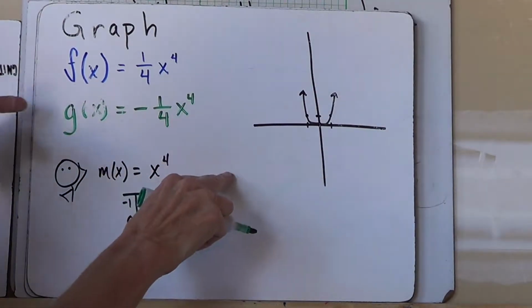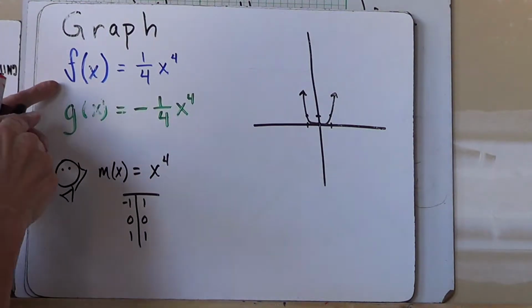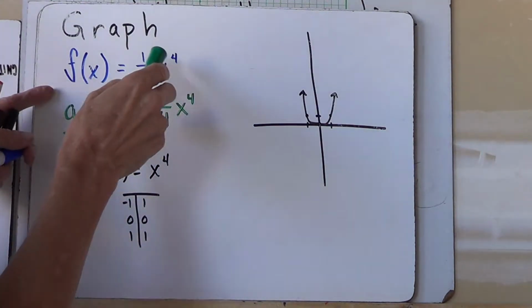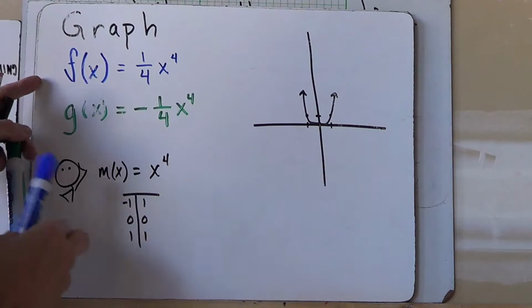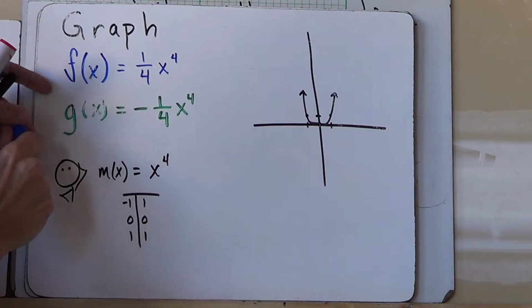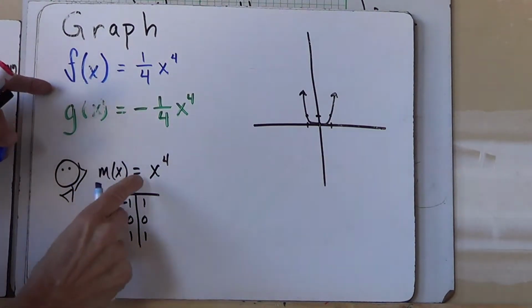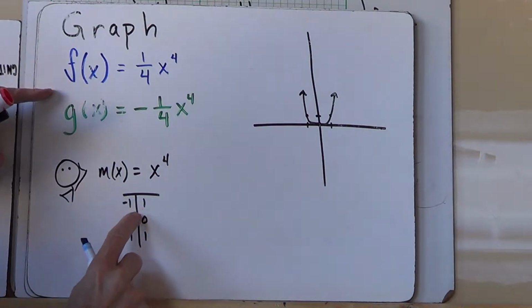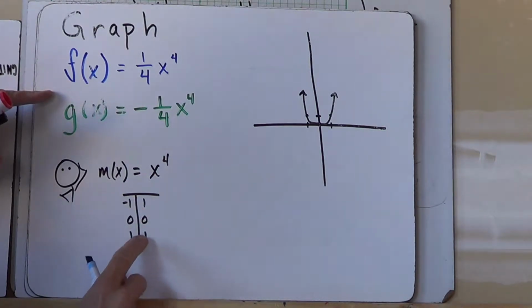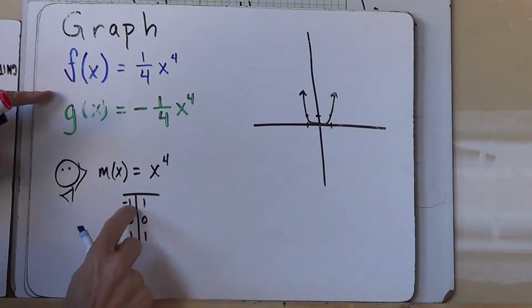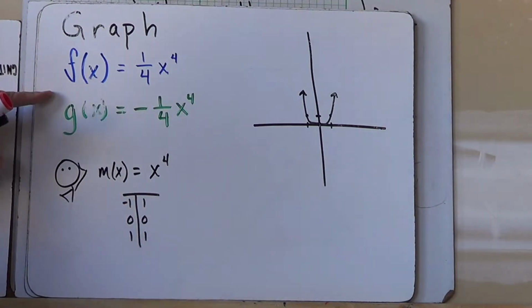So if we have the parent function, x to the fourth, and I see that we're going to shrink it, the first thing that I do is in my mind, I think of the parent function, and I think of the 3 points right near the vertex. The (0, 0), the (negative 1, 1), and the (1, 1). And I kind of graph it, even if it's just in my mind's eye, but normally I sketch it on the graph.